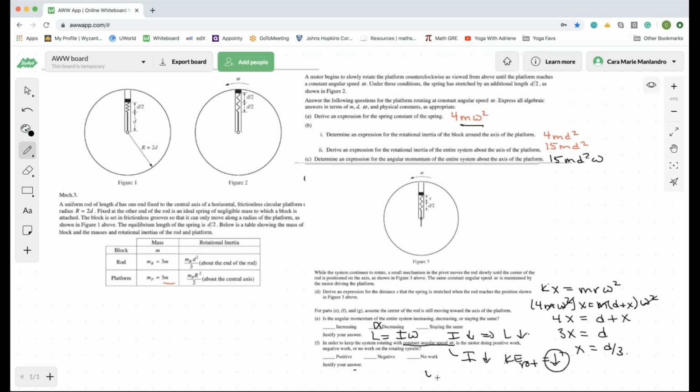If we think of work as equal to change in energy, if this is decreasing, then this must be negative. That's the work-energy theorem. And then we have just one part left.